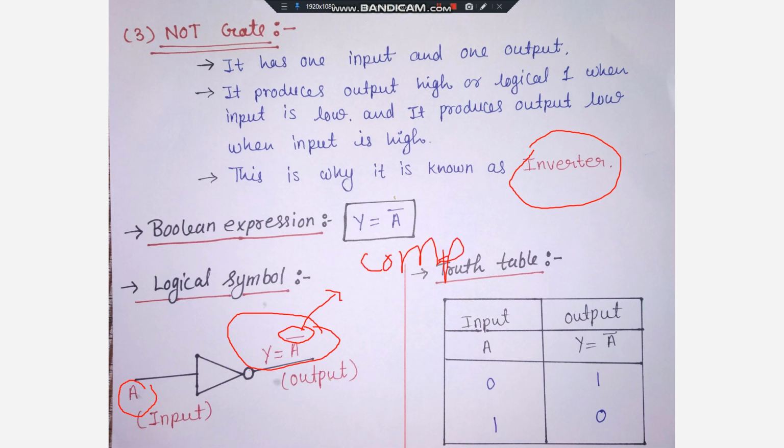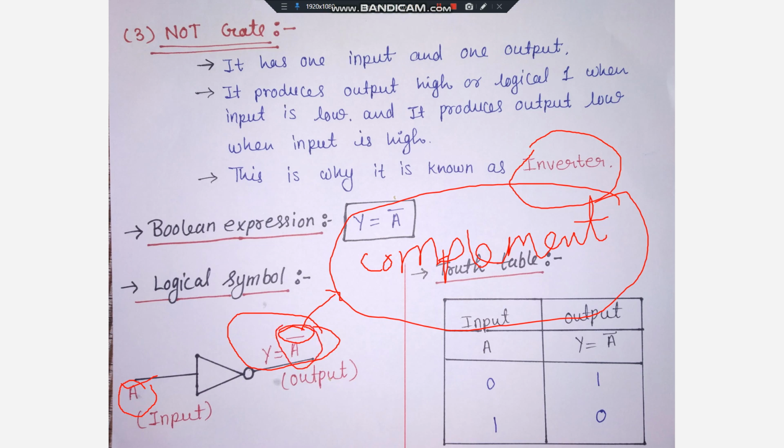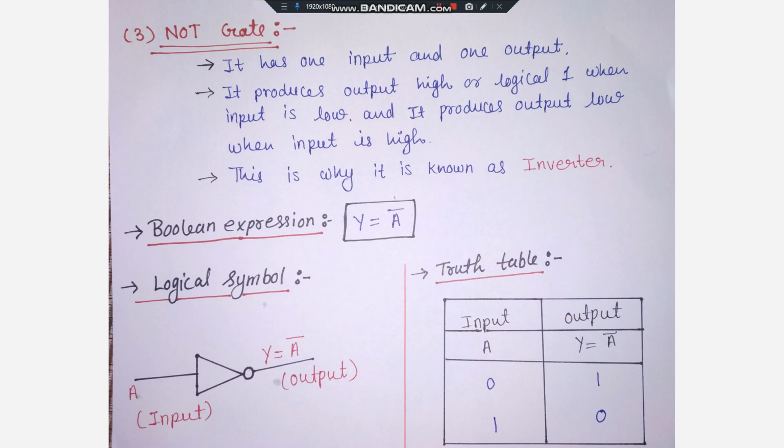When we are talking about Boolean algebra जब हम बात करते हैं तो इसको बार नहीं बोलेंगे, इसको हम क्या बोलेंगे? Complement. So here if we have input A, the output we will get is the complement of A. So now I hope it is clear to you. So the Boolean expression of this NOT gate is Y equals A complement. That means complement of A, this we will get.